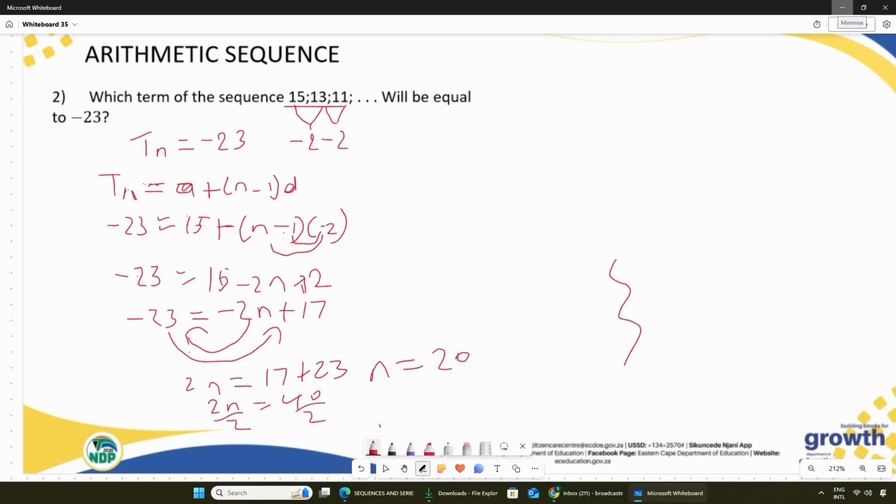This was our last question: which term of the sequence will be equal to -23? If you need more regarding the arithmetic sequence, you can visit the first session. Okay, let's go to the next question.